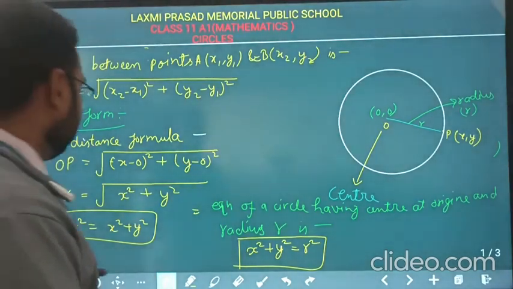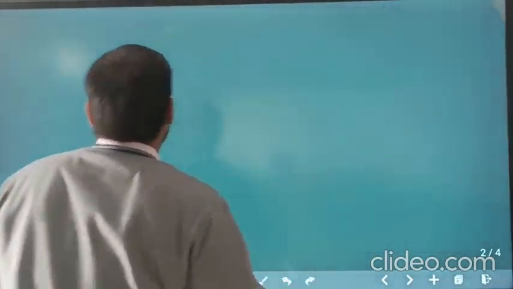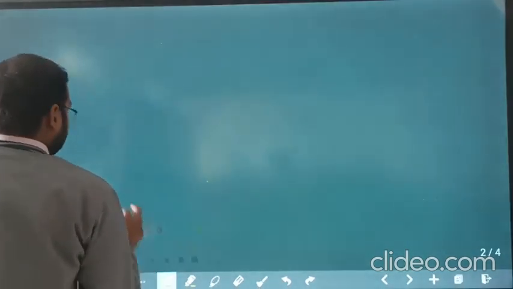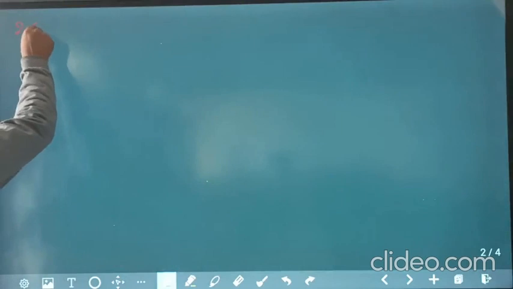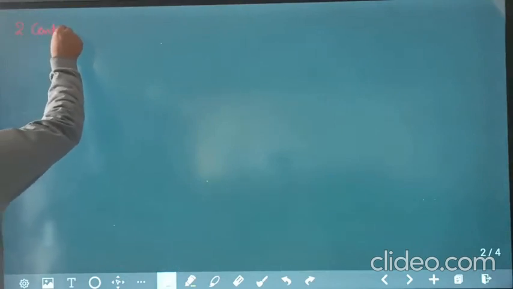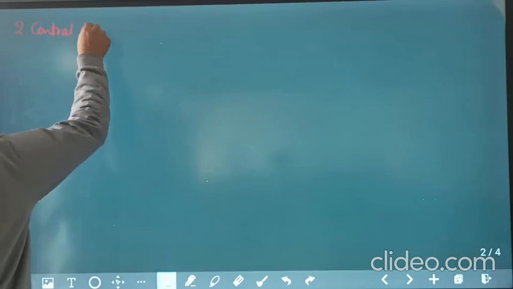Now coming to the next form, that is the central form.